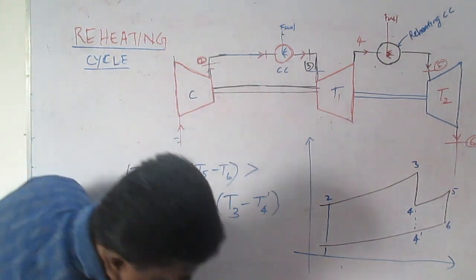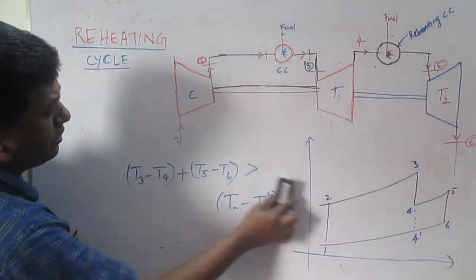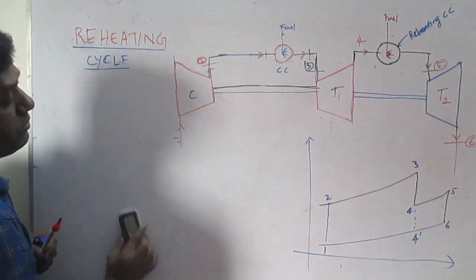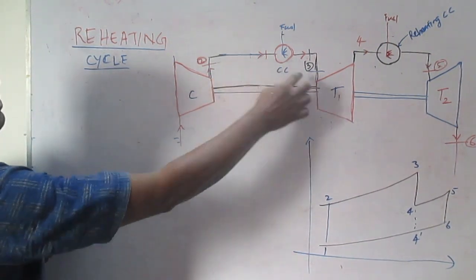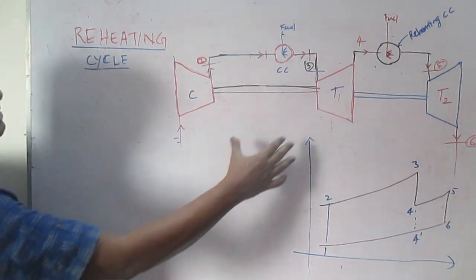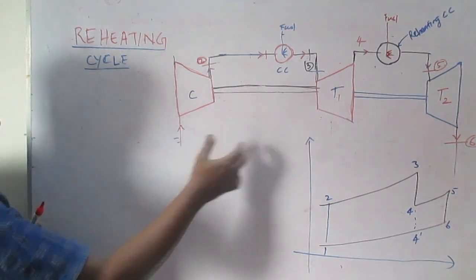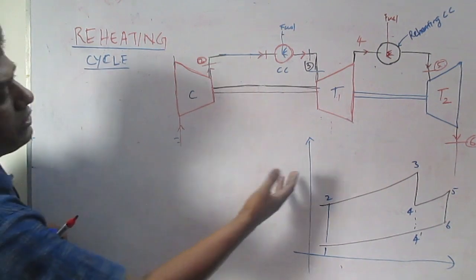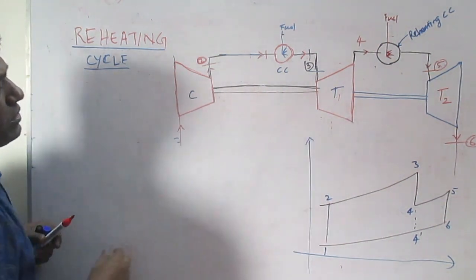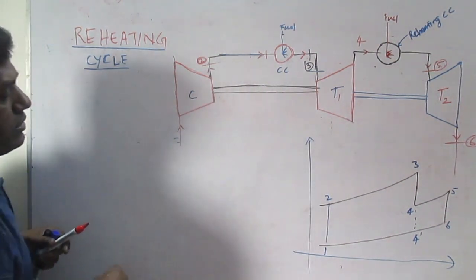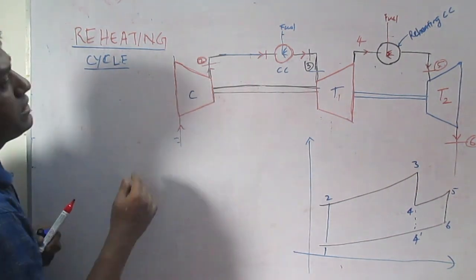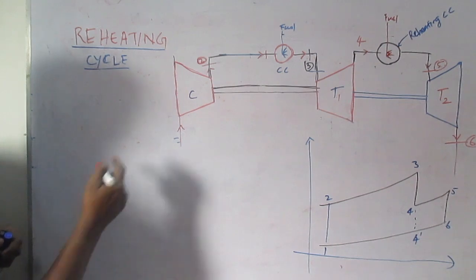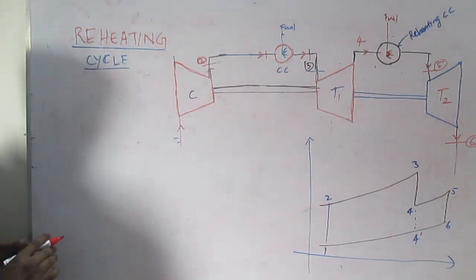First, we have to find out the efficiency of the cycle, how the efficiency works. Based on that we can reach the conclusion of how the reheating cycle improves the performance.